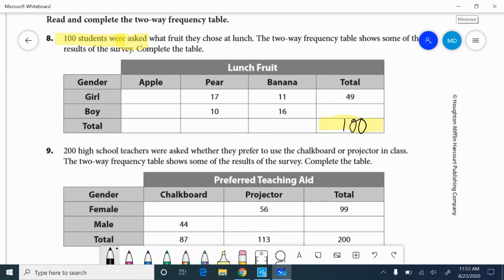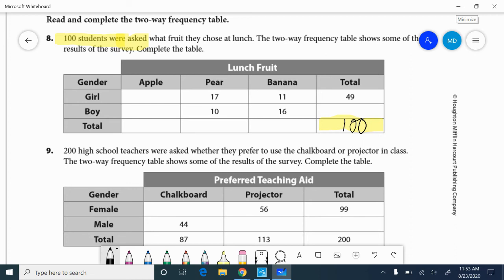And so you want to look for a row or a column to do next that is only missing one data value. I wouldn't be able to find out how many boys chose apple yet, because I first have to figure out some other stuff.